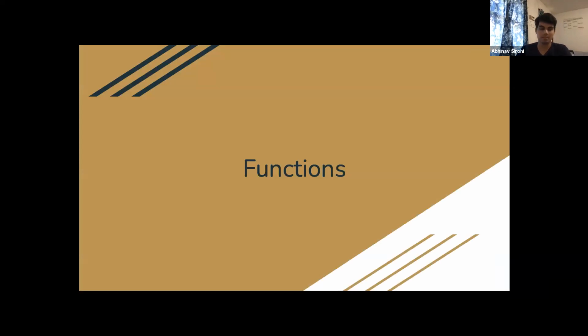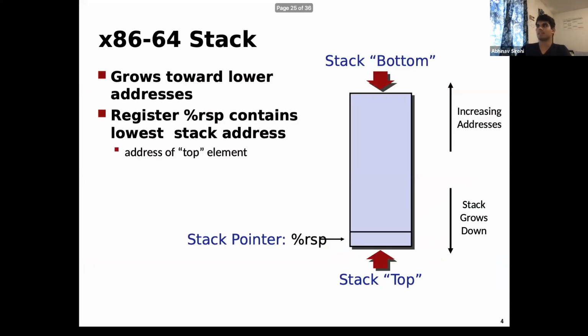So now that we've covered loops, we have our base to go into functions. And before we go into how functions are written in assembly, we can talk about the stack a little.